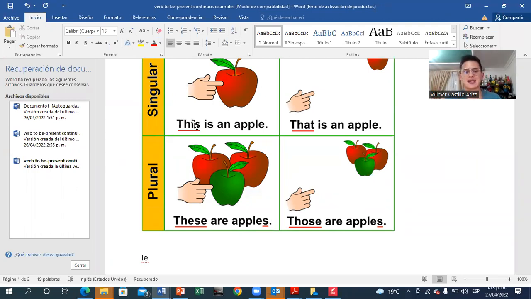Y this, este sí se pronuncia como si fuera una I. These are cell phones or apples. Estos. Now, that is an apple. Esa es una manzana. Those are apples. Esas son manzanas. So this is and these are is when we are talking about something that I have here. That and those is when I want to point something.